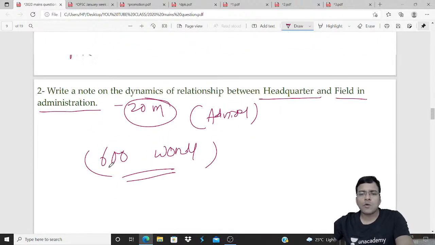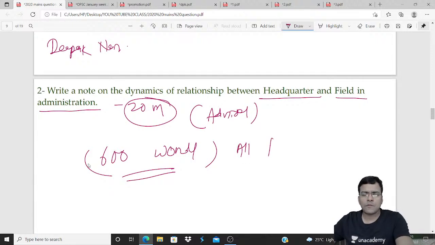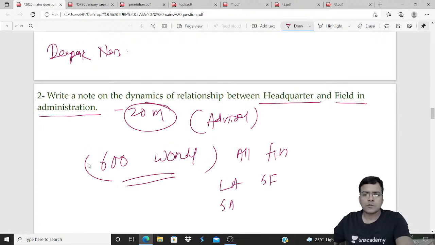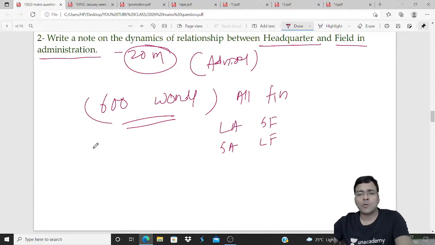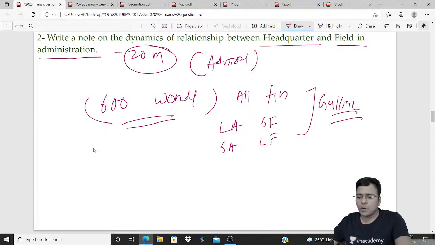What is headquarter, what is field, role of headquarter, role of field. Gulick's idea: all finger, long arm, short finger, short arm, long finger. These are three types of relationship between headquarter and field given by Gulick. Still, it is difficult to write six pages, so avoid it.